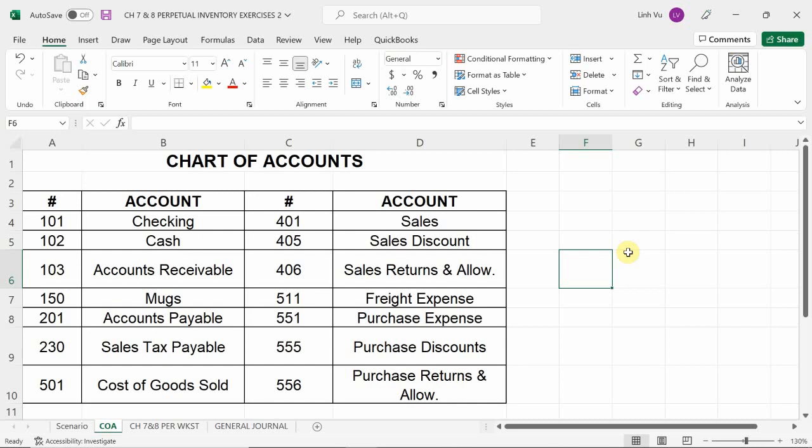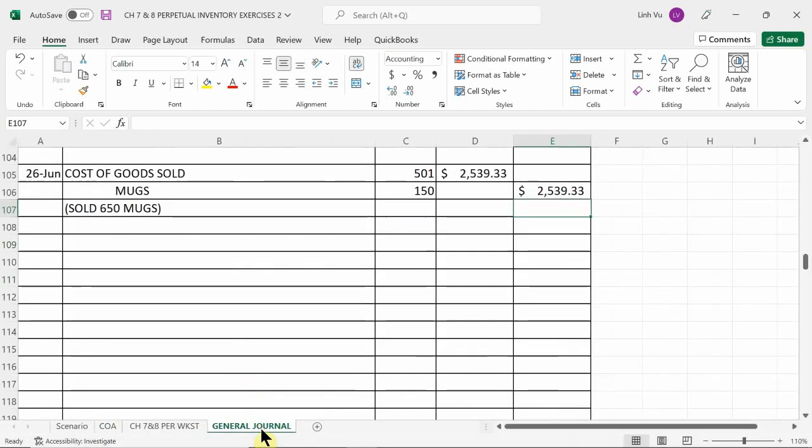It's going to go straight to checking. So in this case, account number 101. What else do we need to recognize? We gave them a discount, so sales discount. But we also made a sale, and then we collected the sales tax.